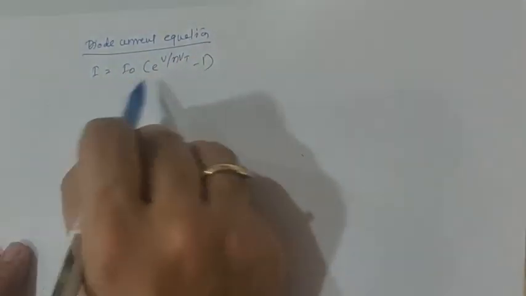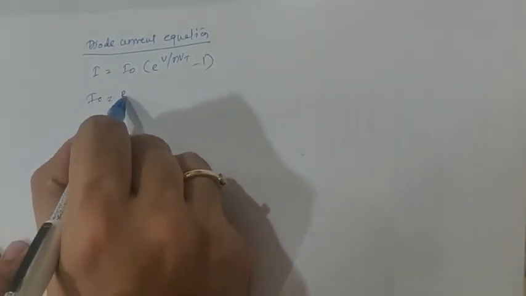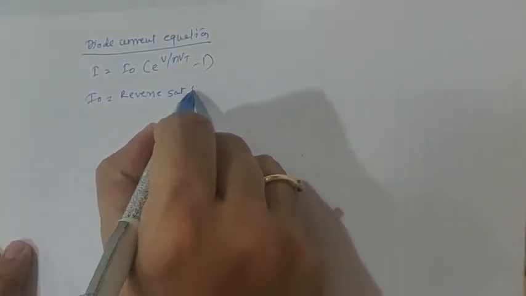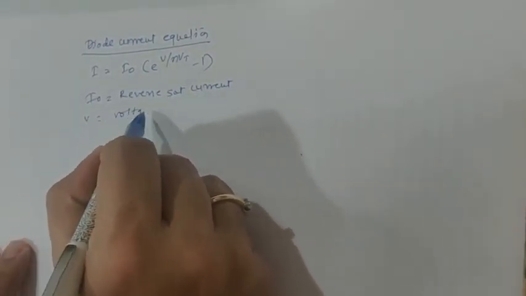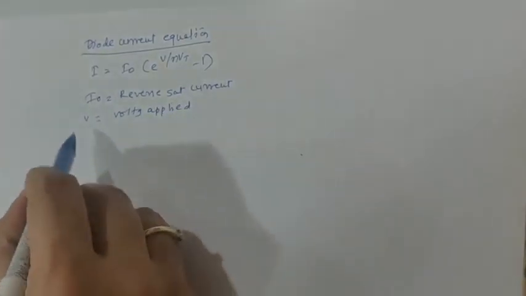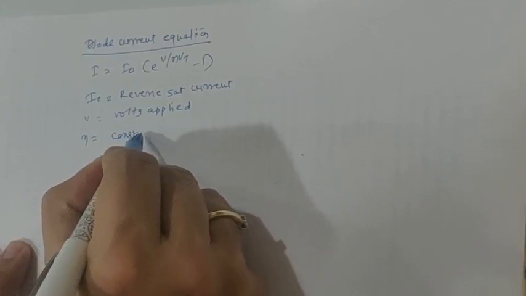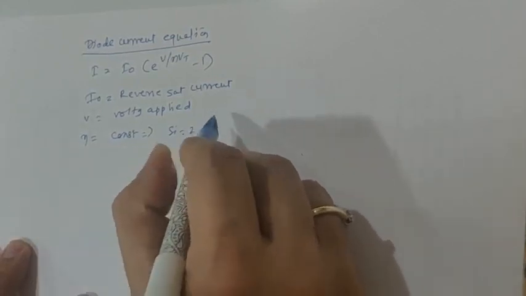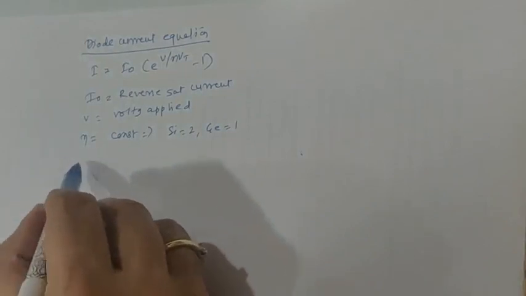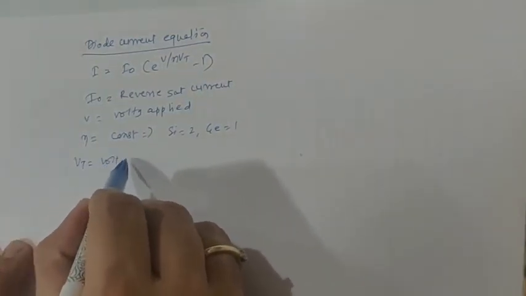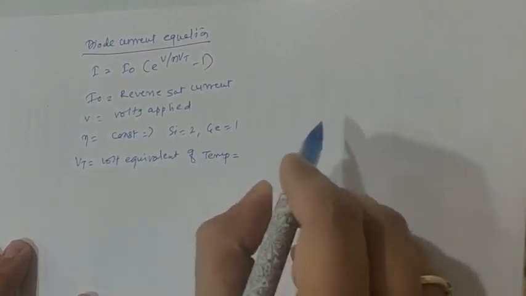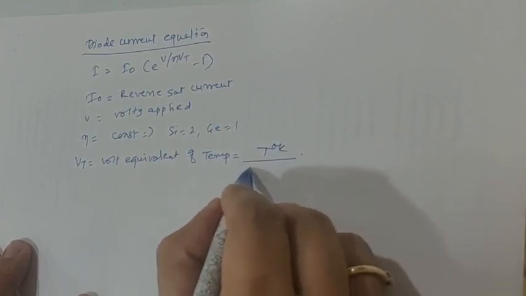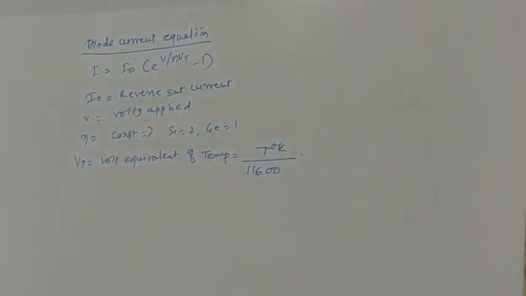I will be explaining each and every term written here, where I0 is the reverse saturation current, V is the voltage applied, and eta is a constant depending on the material. For silicon the value of eta is 2 and for germanium it is 1. Then Vt is the volt equivalent of temperature, and it can be calculated by T in degrees Kelvin divided by 11600. This is the standard formula that you can use to calculate the volt equivalent of temperature.